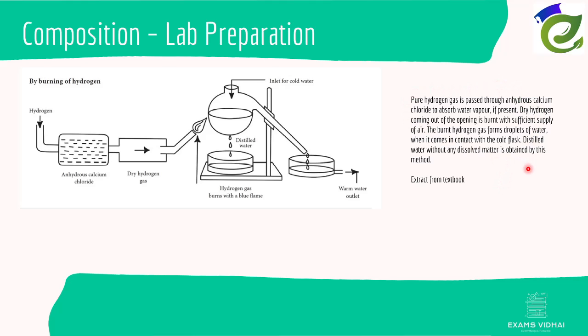Don't worry about this paragraph, you don't have to remember it. This same exact paragraph is given in the textbook as well, so it doesn't matter for you to learn from this slide. All you have to remember is this diagram, and it is important and may come in the exam as well.